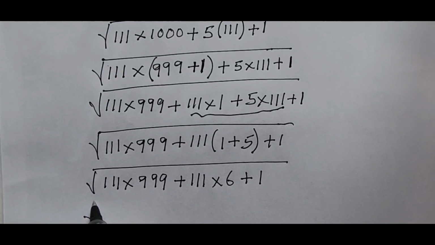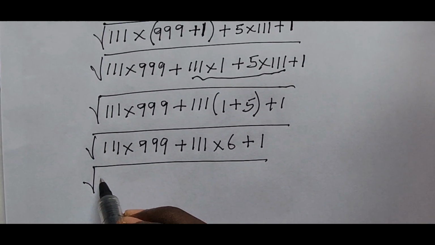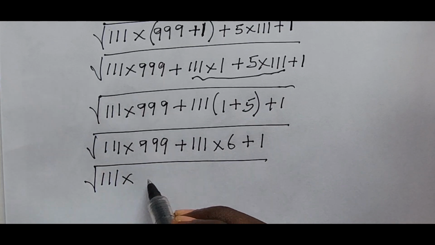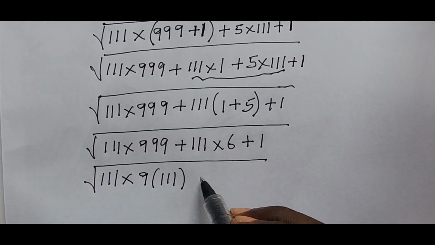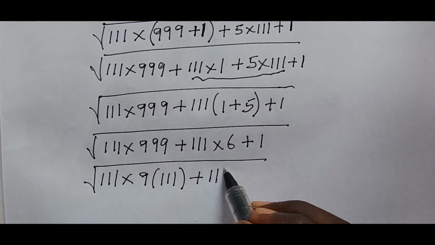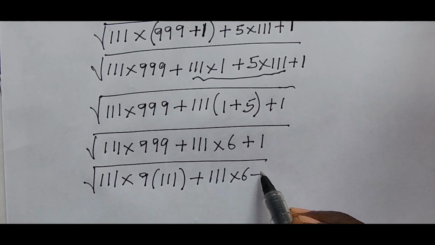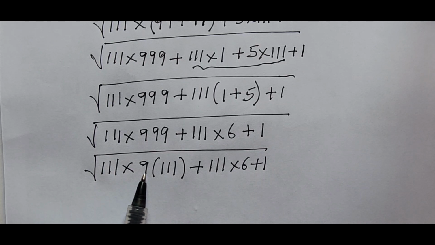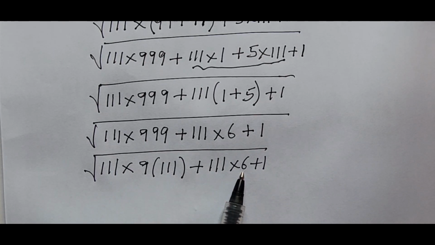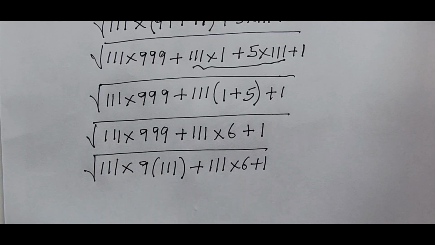So let's take this: the square root of our 111 times our 9 into 111 plus 111 times our 6 plus 1. Then we have to rewrite this 9. That is 3 times 3. And we have to rewrite this 6, which is 2 times 3.